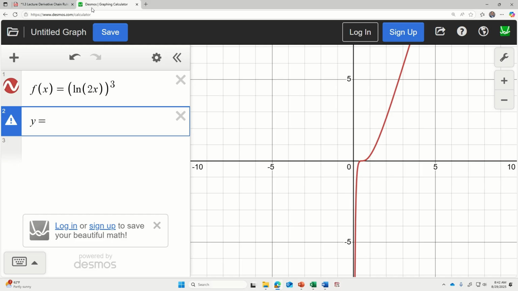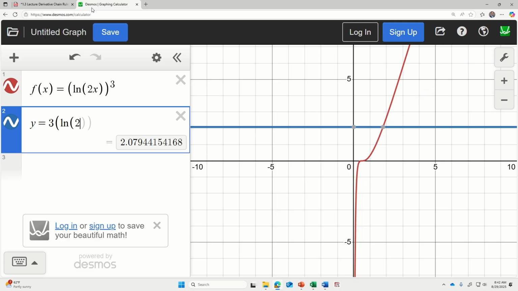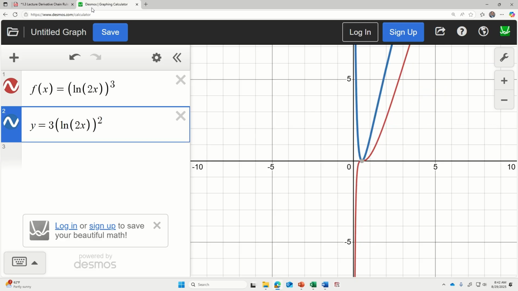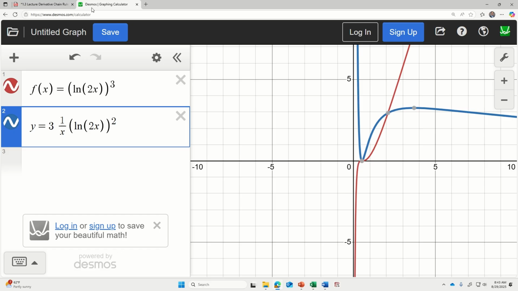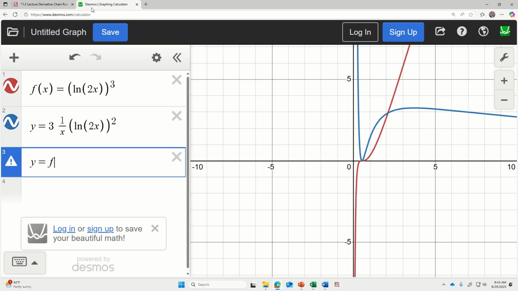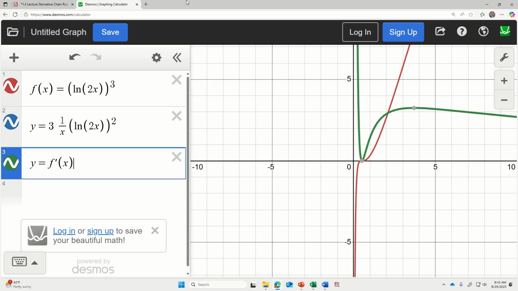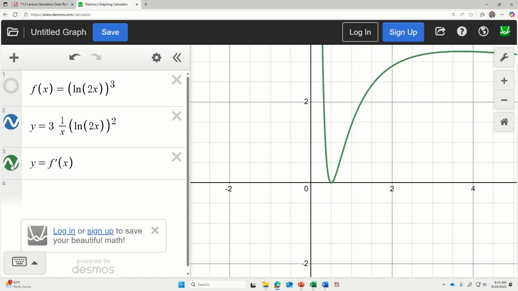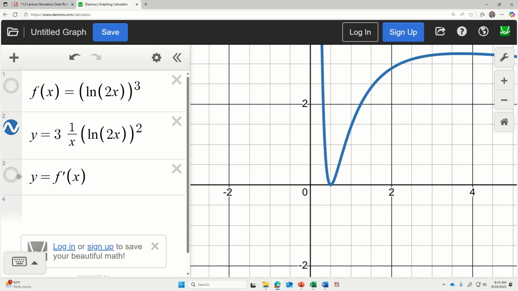And then I'm going to type in what I found to be the derivative, which was 3 times 1 over x times all of this. And then lastly, I type in y equals f prime of x. And I double check to make sure that my derivative curve in blue is the same as their derivative curve in green. And it looks like it's the same. So that's how you triple check your answer.